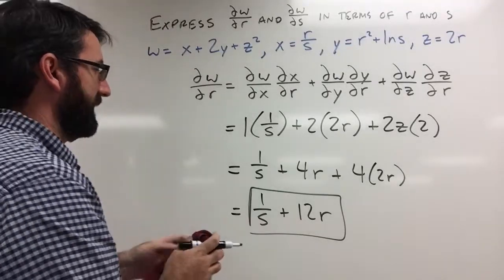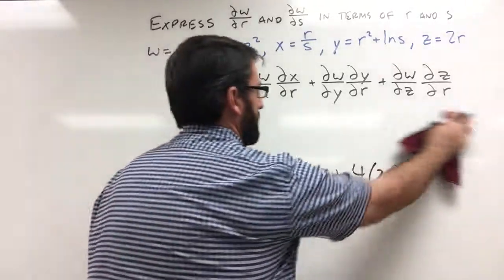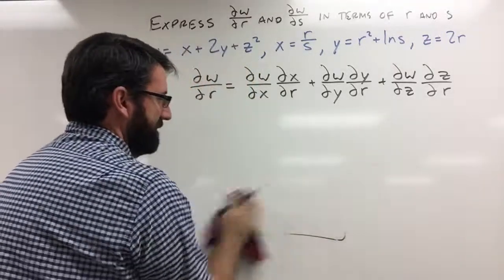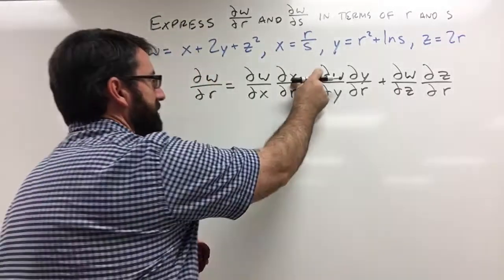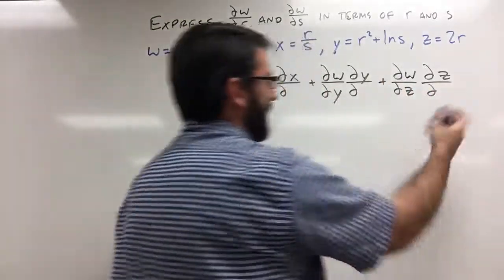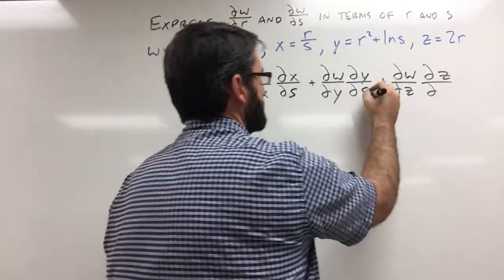Now we need to go back and do the partial derivative with respect to s. So that's going to be the same equation here on our chain rule, except the independent variable we're looking for is s.